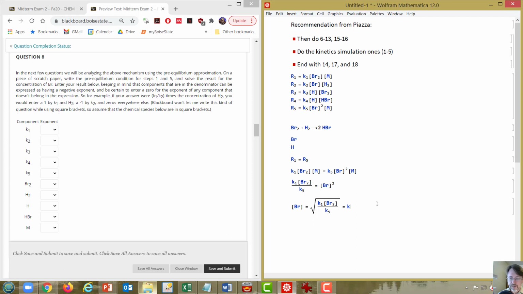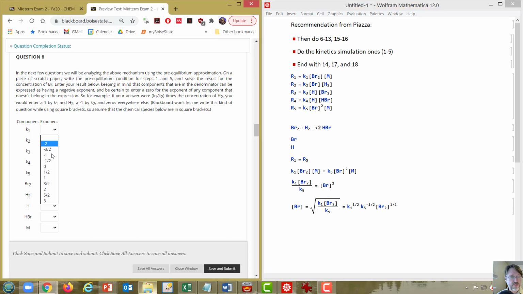So this is going to be K1 to the 1/2. It's going to be K5 to the -1/2 because it's in the denominator, and it's going to be Br2 to the 1/2. So K1 to the 1/2, K5 to the -1/2, Br2 to the 1/2, everything else is 0.